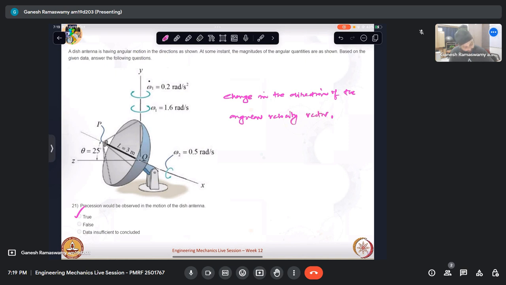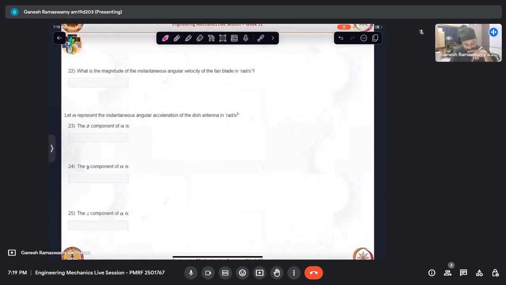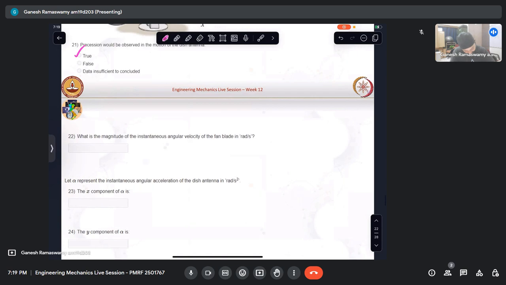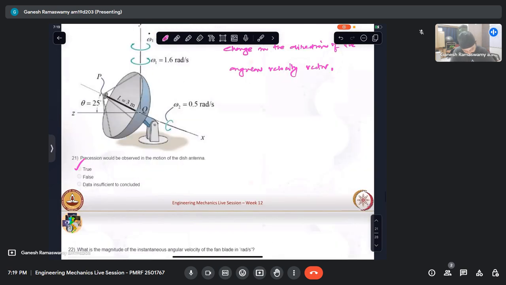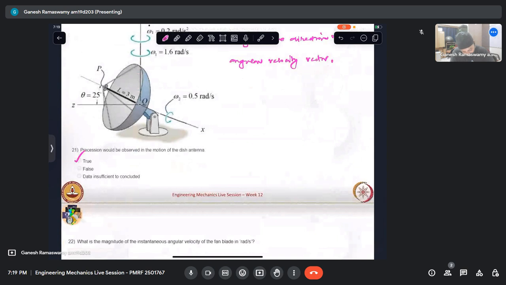So then what is asked? What is the magnitude of the fan blade of the dish antenna? Okay, I think that got copied anyway. So what will this be? This will be omega 1 plus omega 2. So what is that? Omega of the antenna is omega 1 plus omega 2.